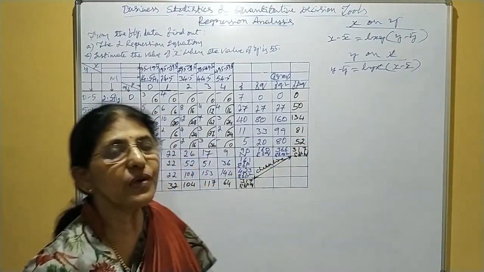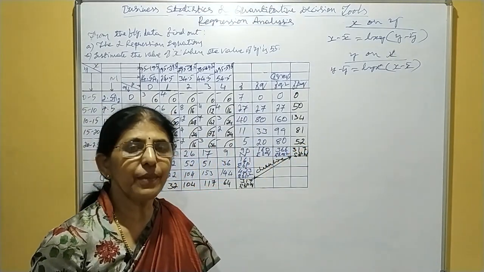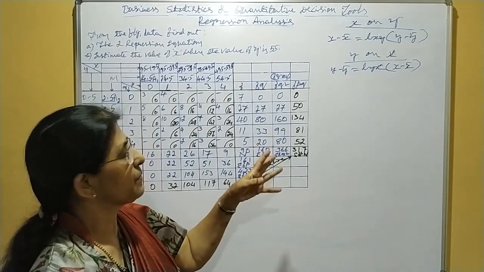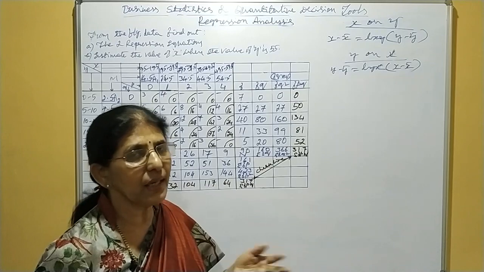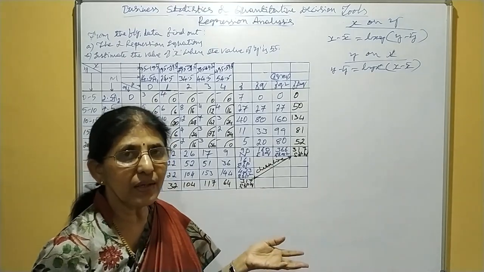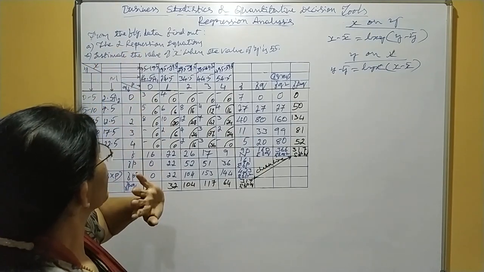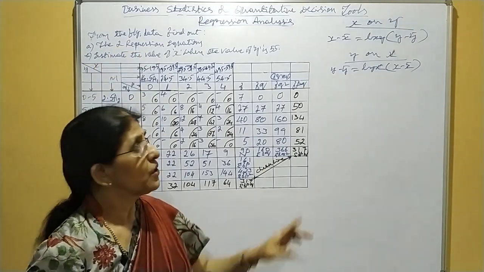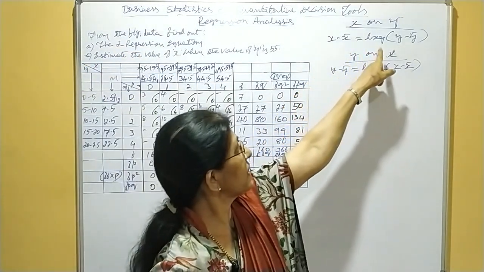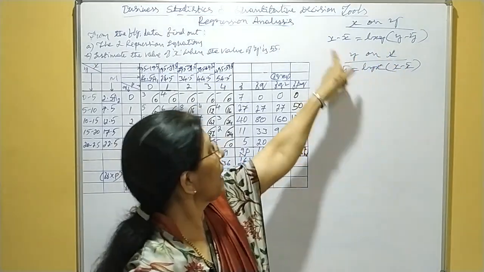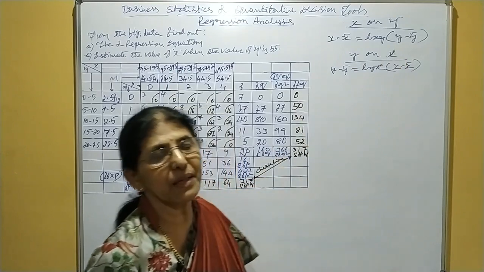Even though it is not asked to find out x bar, y bar, bxy, byx, which means the regression coefficients of x on y and y on x, and it is asked directly to find out the two regression equations, to apply the two regression equations we need the regression coefficients and also x bar and y bar.